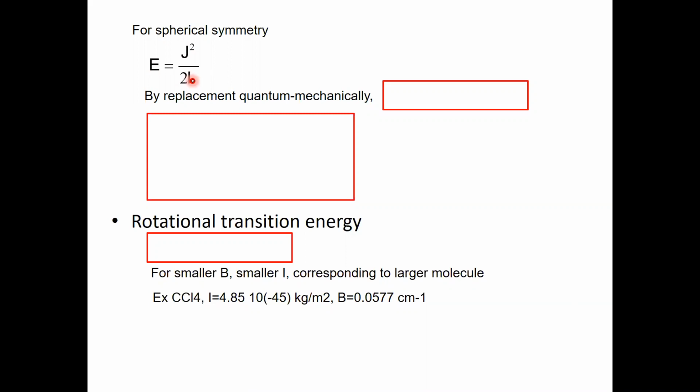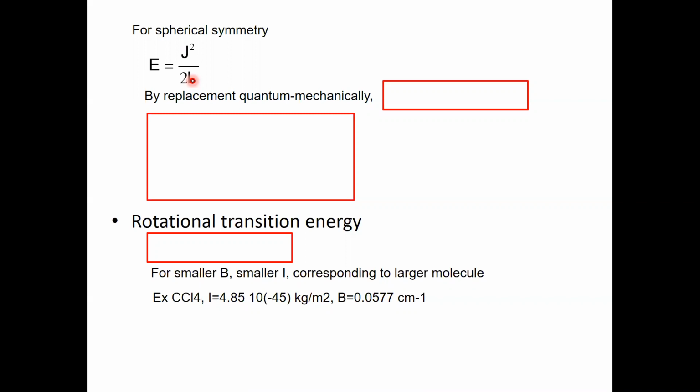And here we use a replacement of the J value, which was originally a continuous value in the traditional way, but here we use quantum mechanics. There are many varieties of conversion from traditional theory to quantum theory, and this is one of them.